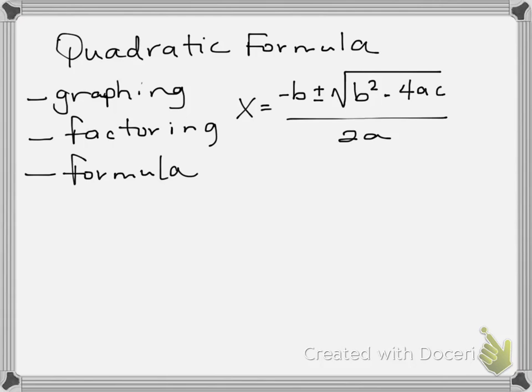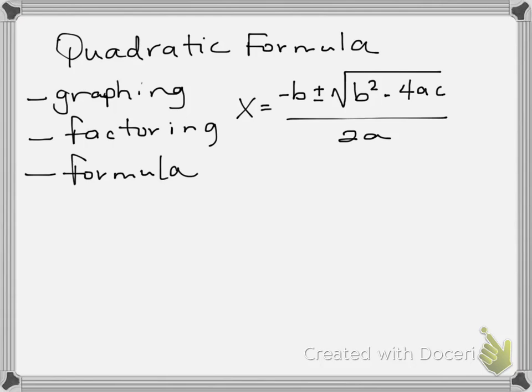It's kind of long. If you Google quadratic formula, you'll find some little catchy songs for it. The quadratic formula will be present on your star chart, so memorizing it isn't as much of a necessity as actually learning how to use it. Okay?